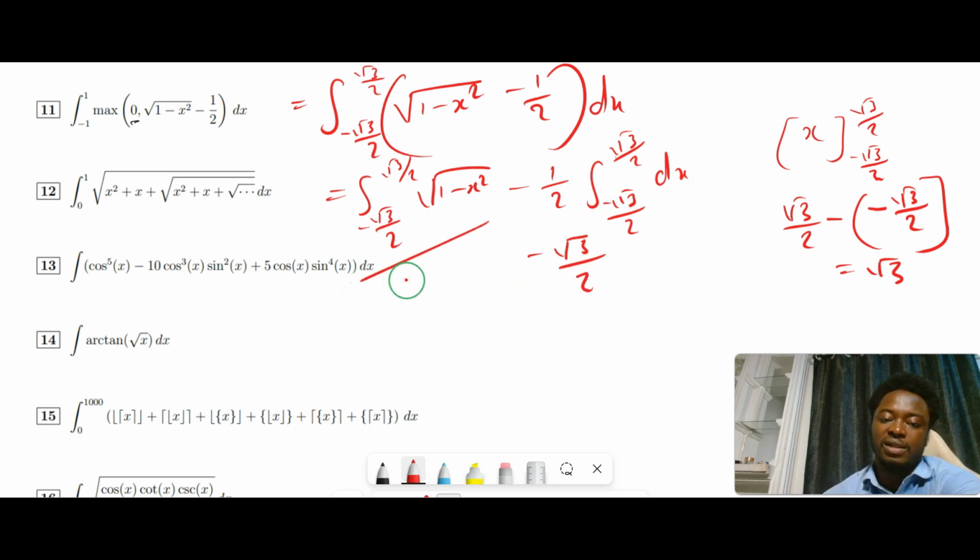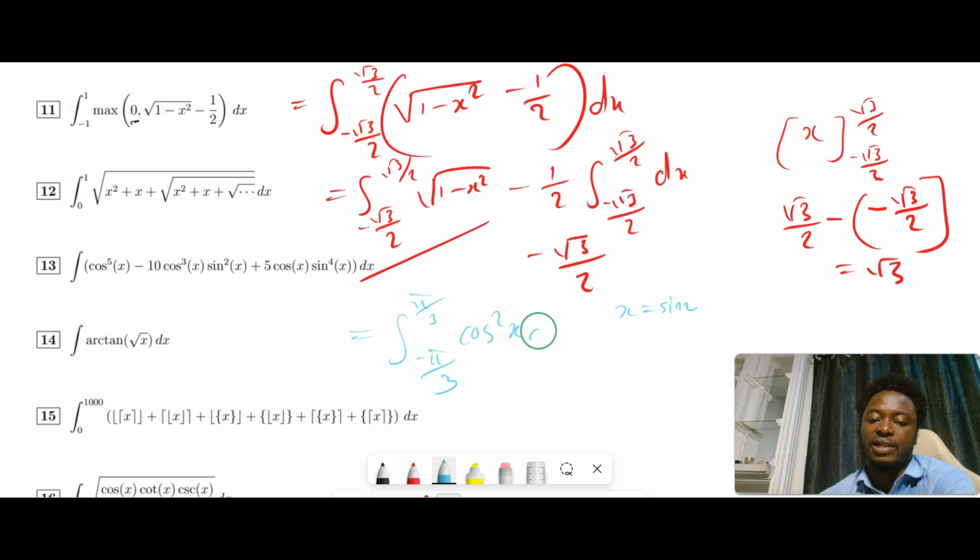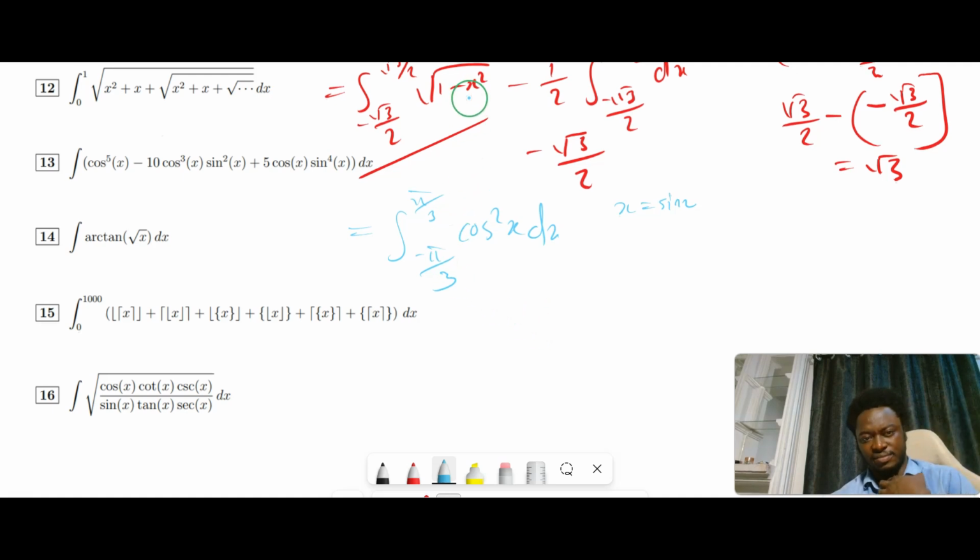Now for this part here, just take x to be sine x. So you have this integral from negative pi over 3 to pi over 3 of cosine squared x dx. And because this is an even function, this will be twice the integral from 0 to pi over 3 of cosine squared x dx.